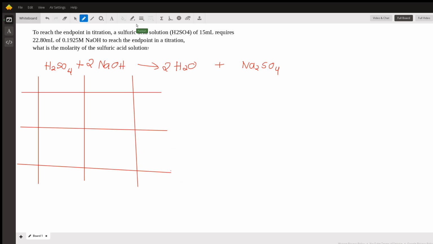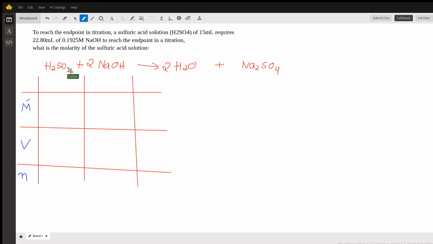We are going to put all our quantities here. In the first column you have molarity, then volume, and then the mole. We are going to take all the information from the question.